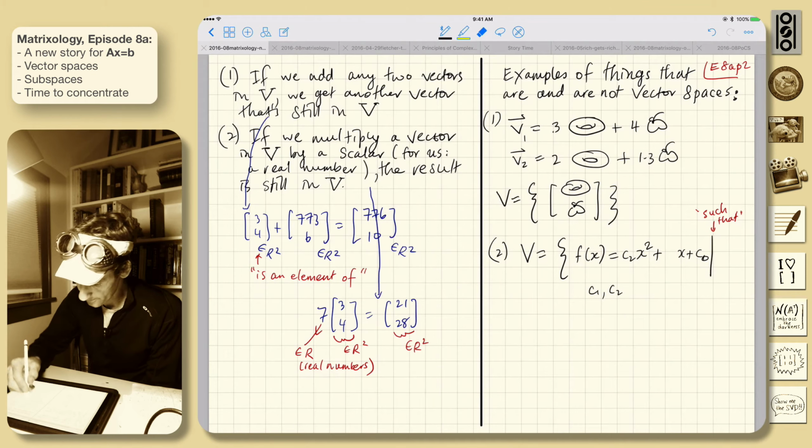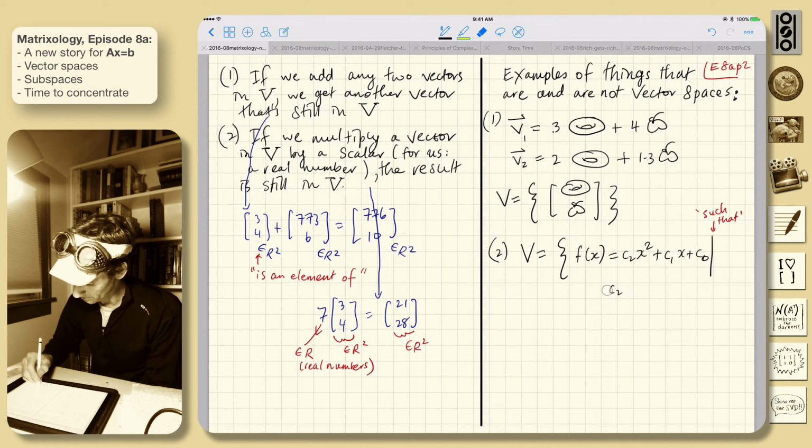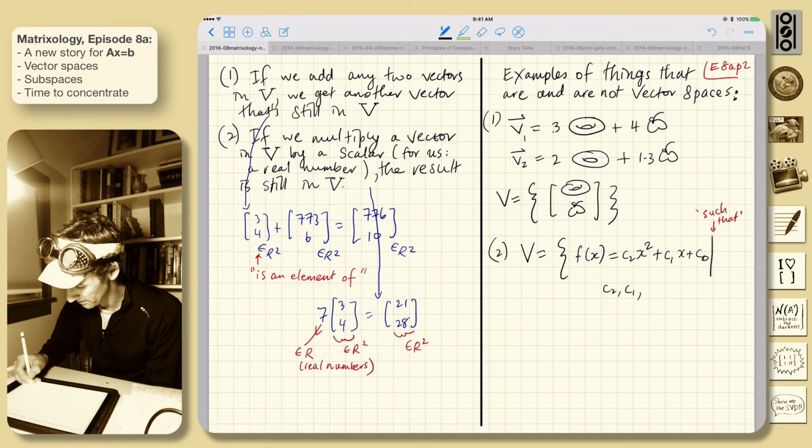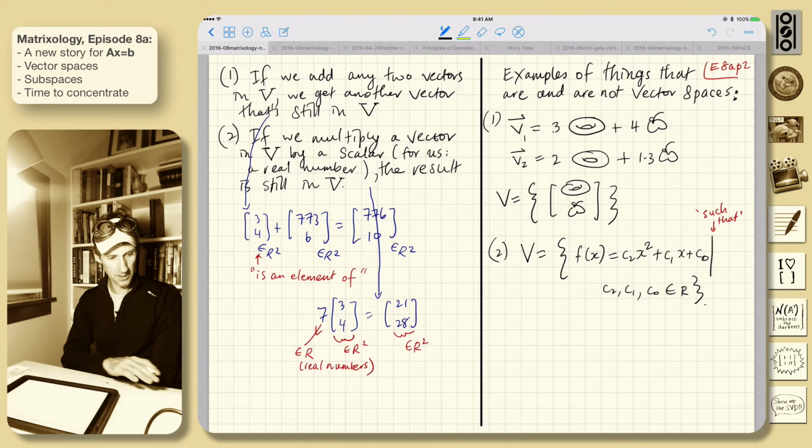What horribleness. That's a C1. Let me do it like this properly. So C2, C1, C0 are elements of the real numbers. If we add 2 of these functions together, we get another one.